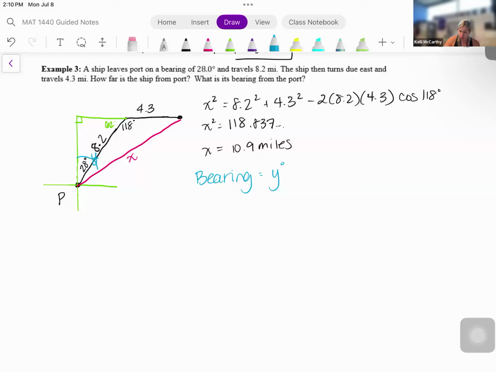Now to find y is going to be 28 plus that smaller interior angle from this triangle. So we're looking at this angle here, which we're going to call W. So the bearing of y degrees is 28, which is that initial bearing, plus that extra angle from those two different vectors.